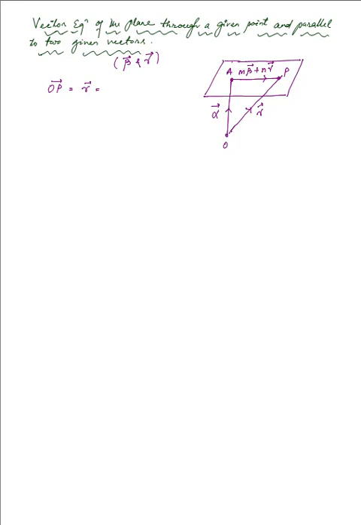And so from that we have the AP vector equal to alpha vector plus the other one, that is m times beta vector plus n times gamma vector. m and n are just the scalar multiples which are there because of the condition of being parallel to the vectors beta and gamma.